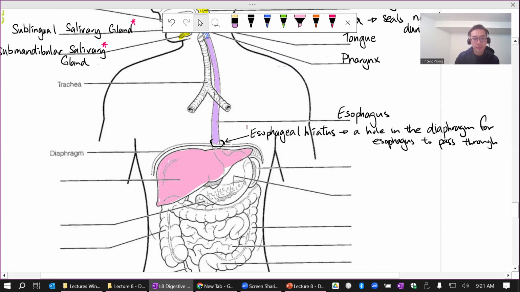There we go. A liver is an accessory organ. Of course, the liver helps detoxify the blood and makes the plasma protein and a bunch of other stuff. But in the context of the digestive system, the liver produces bile.